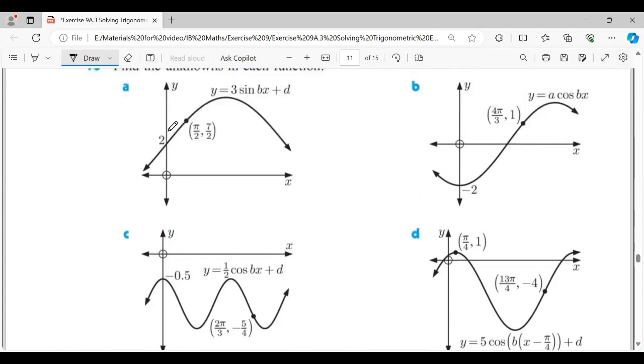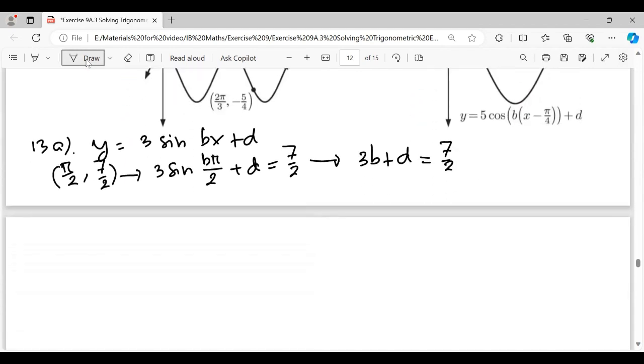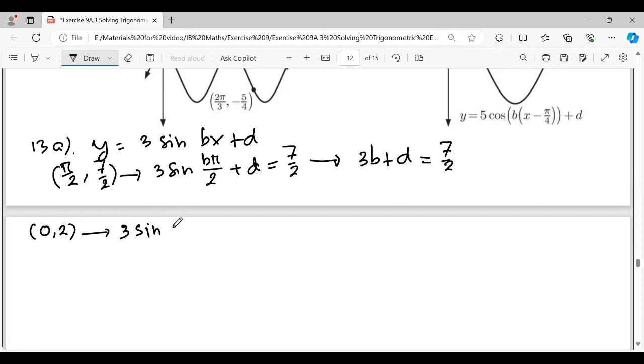Next, if the coordinate point is 0, 2, this equation becomes 3 sine 0b plus d equals 2.